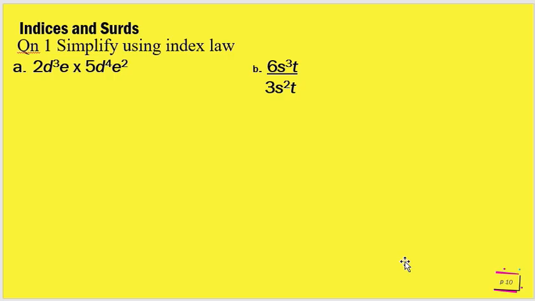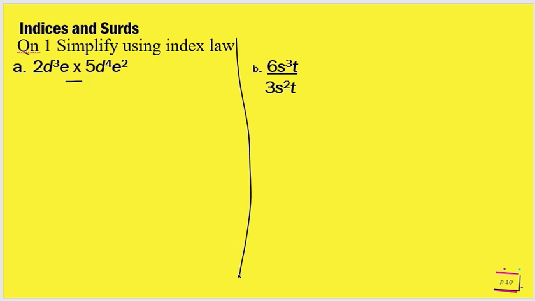Now we have question number 1 here, which states: simplify using index rows. Whenever we have any kind of multiplication, we are multiplying numbers, so that means we add the indices, we add the powers.